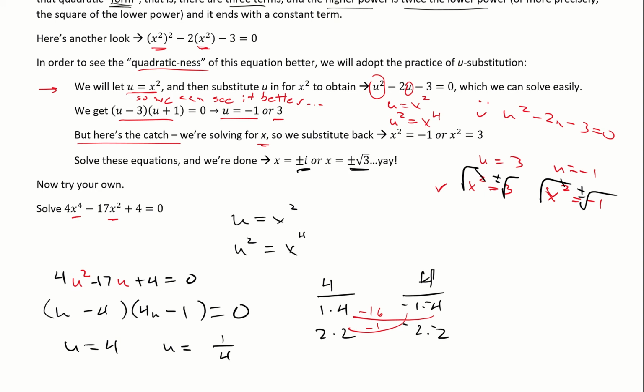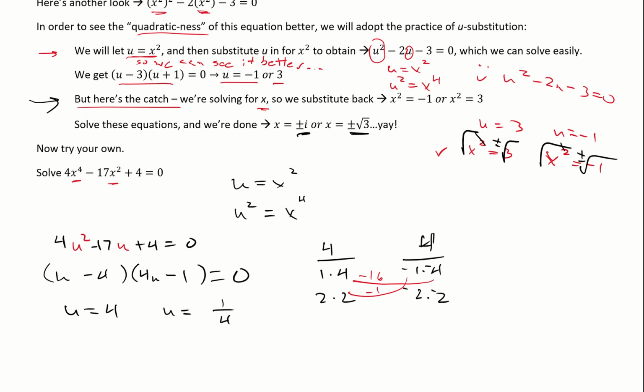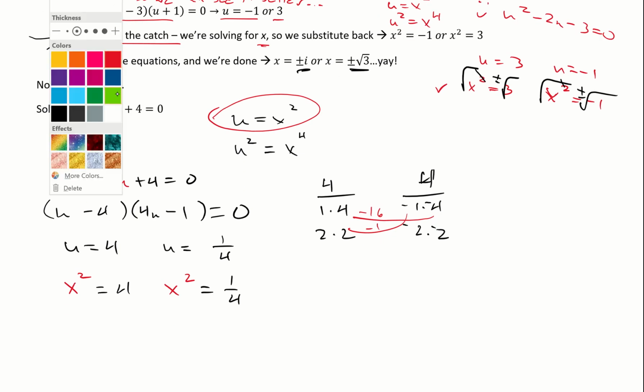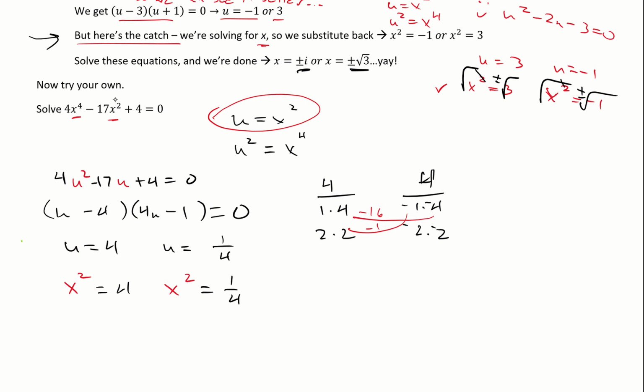Are we done? But here's the catch, remember? The catch is now we have to substitute back. Okay, since u is equal to x squared, we go and replace u with x squared. This will finish the game. Okay, there's a little extra work with these problems, and here it is. So how do we solve something like that? When we're confronted with a square, we did what I did before.